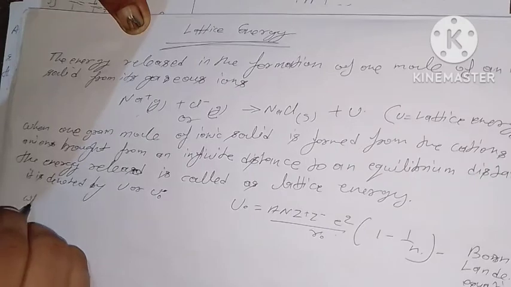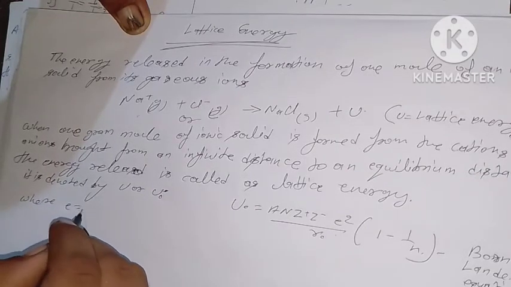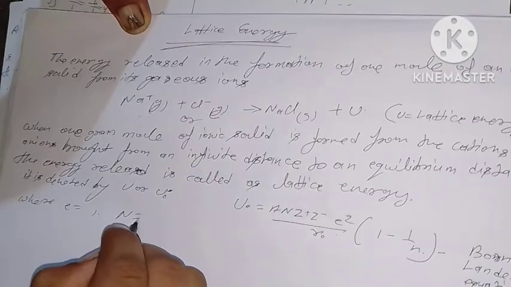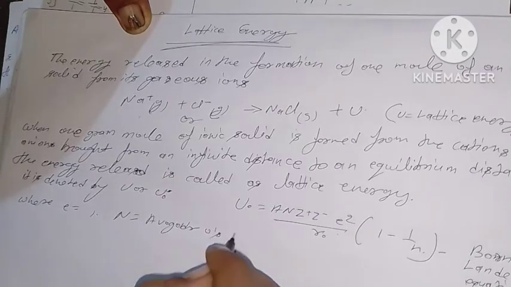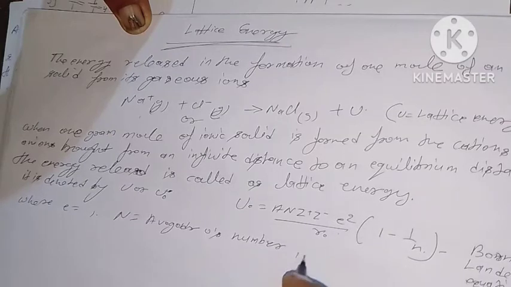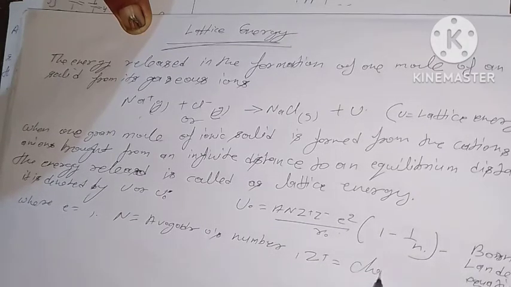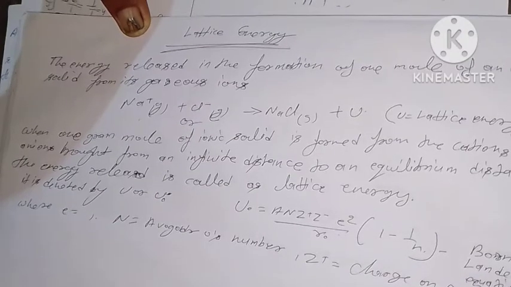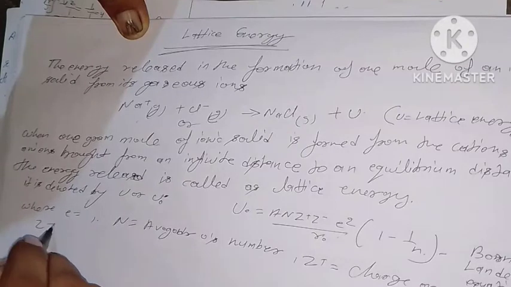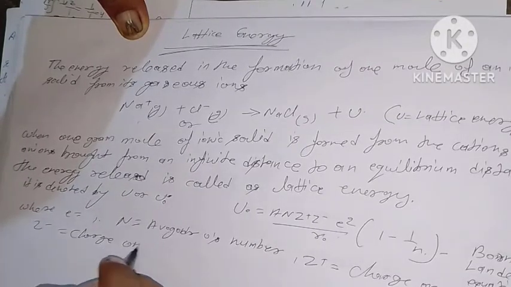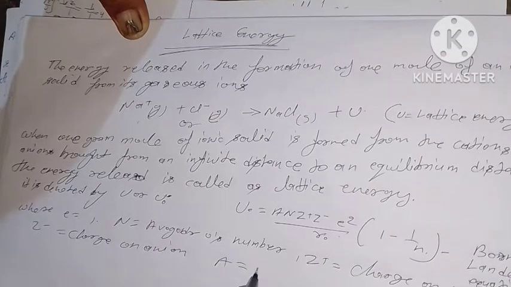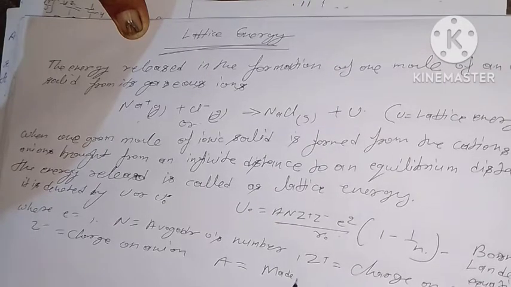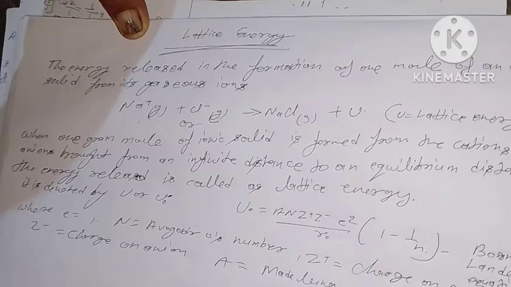Okay, where e is the electronic charge, capital N is Avogadro number, Z plus is the charge on the cation, and Z minus is the charge on the anion, and A is the Madelung constant, okay?